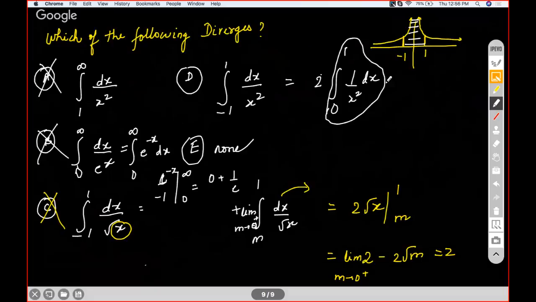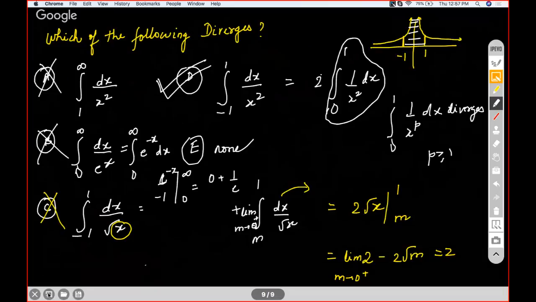And this fits into the rule that I gave you, that you had 1 by x to the power p, and p greater than or equal to 1 diverges. So D will also diverge. So option D is your right option. Is that fine?